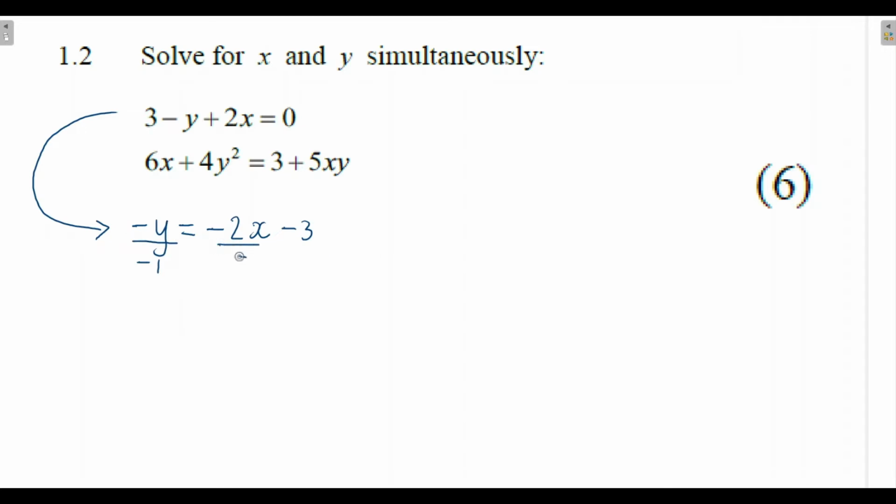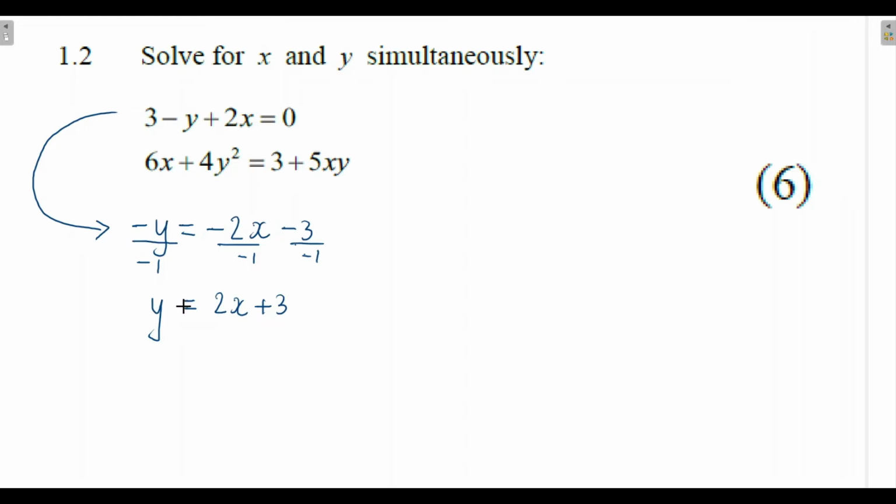So if you divide by negative 1, your y is going to be equal to 2x plus 3, because we want to isolate that y variable. There mustn't be any negatives or any number like a 2 or 3 in front. It needs to just be a y, which is equal to something.